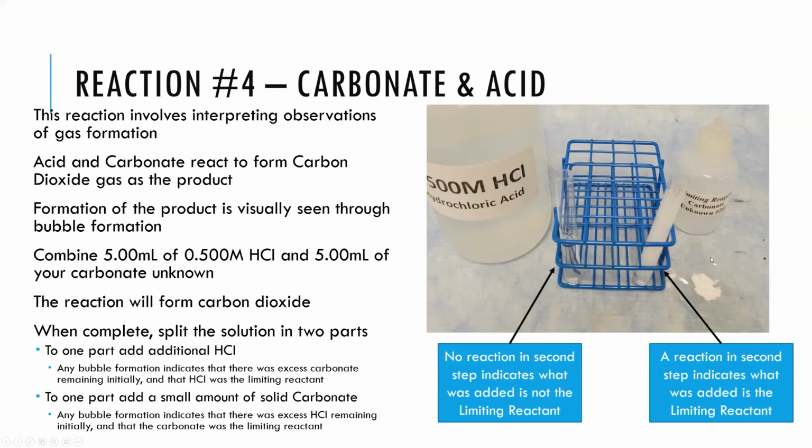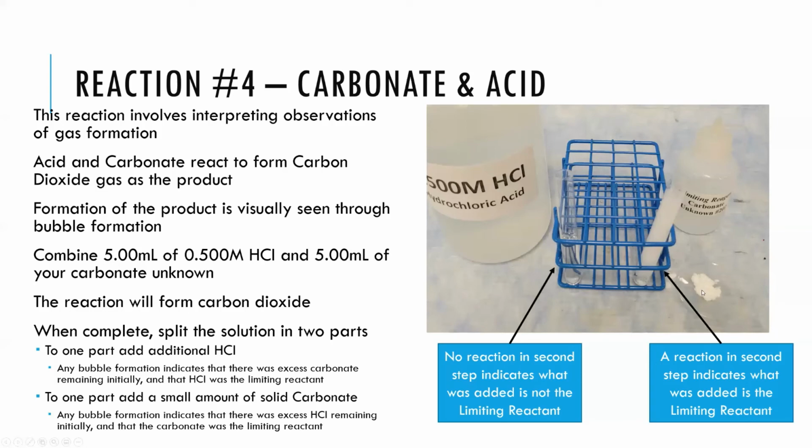So in this case right here, I added additional hydrochloric acid, nothing happened. That means there was no more carbonate after the reaction was done. When I added additional carbonate to the mixture, then the bubbles form. There was no carbonate left, but there was still hydrochloric acid left.